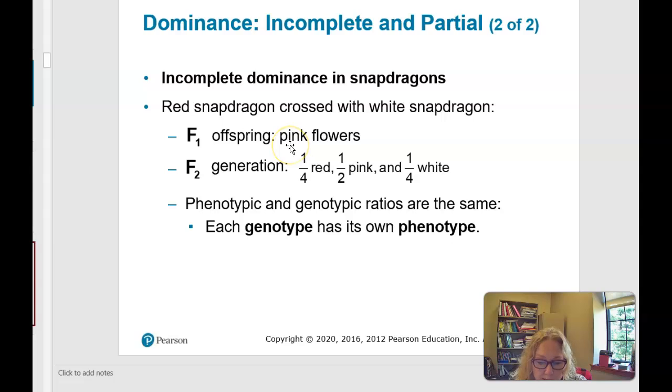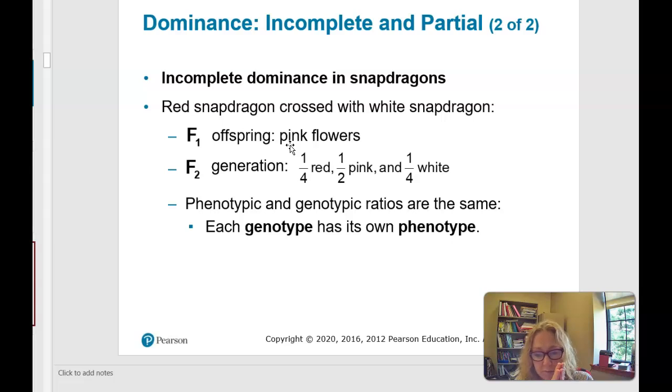So your F1, let me review this. F1 is the filial generation. So that is the parents, and the offspring of the parents have pink flowers. What you did here probably was a red with a white, and you got the F1, which is pink flowers. Now you're going to breed the F1s together.